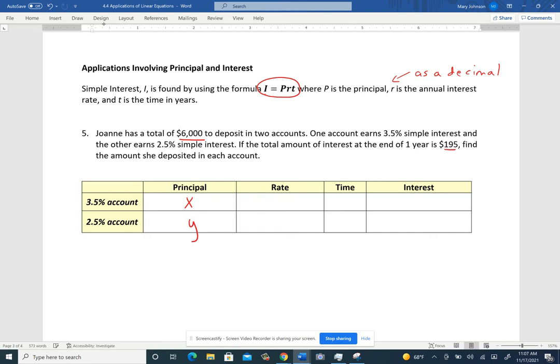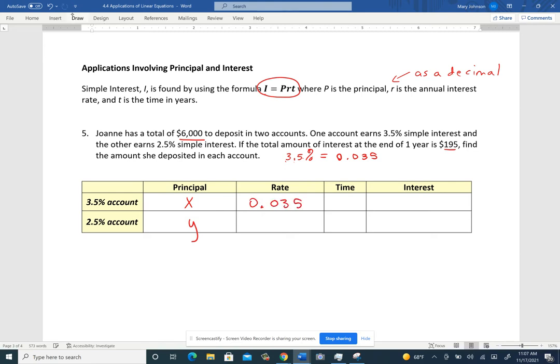Now, you may or may not know this, but any percent can be changed to a decimal, percent means divided by 100. If you take 3.5 and you divide by 100, you'll get 0.035. Okay, so the rate would be 0.035.